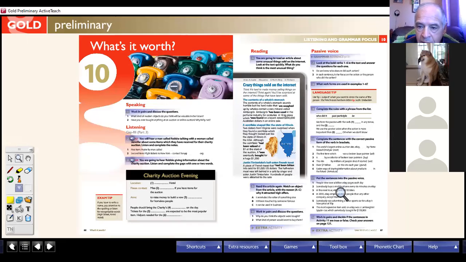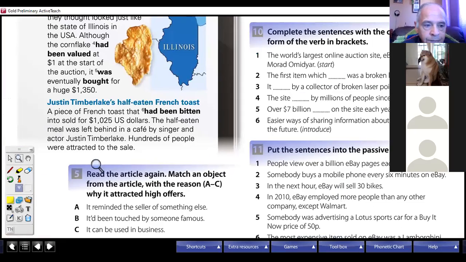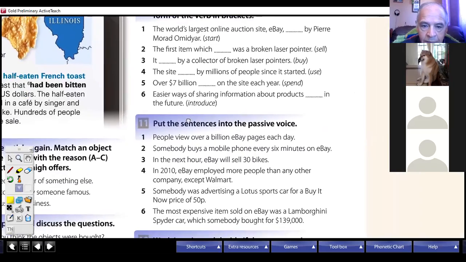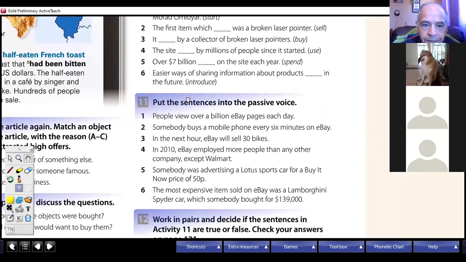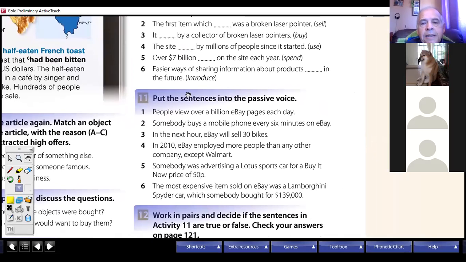Okay, so it says here, put the sentences into the passive voice. People view over a billion eBay pages each day. What is what they view? A billion eBay pages.